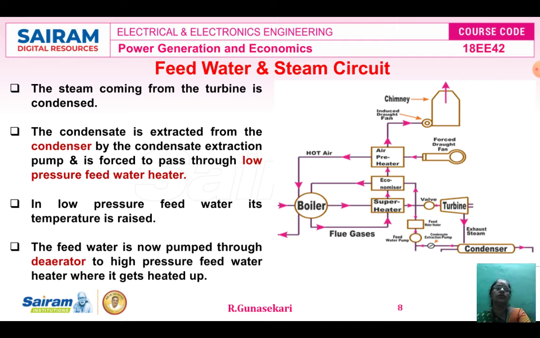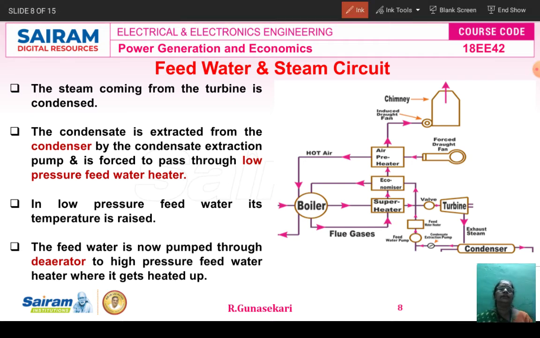The third circuit is the feed water and steam circuit. The feed water and steam circuit consists of condenser, turbine, feed water heater, deaerator and chimney. First, the exhausted steam from the turbine is condensed in the condenser.